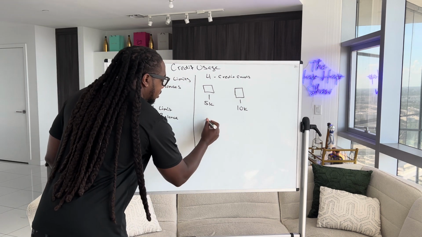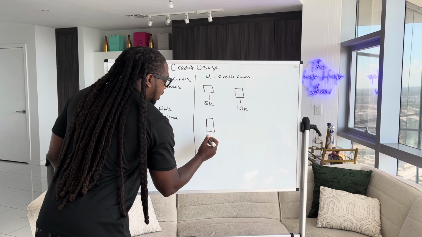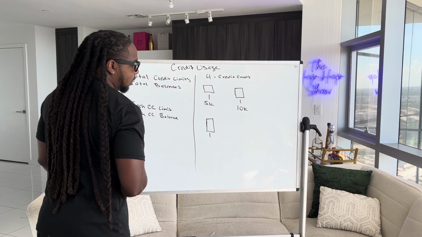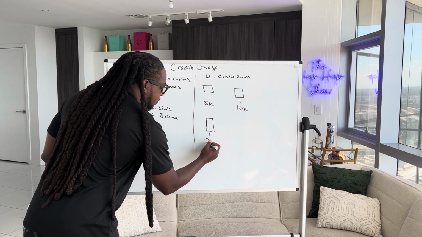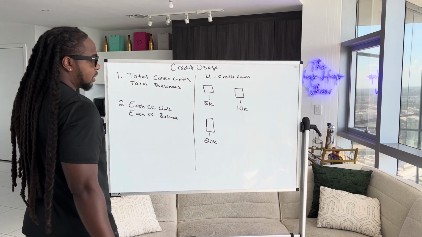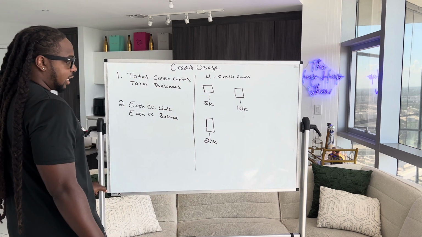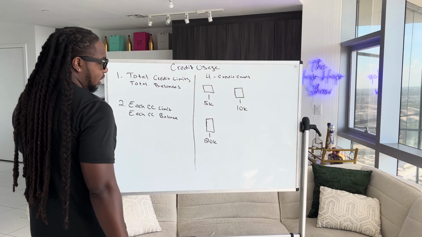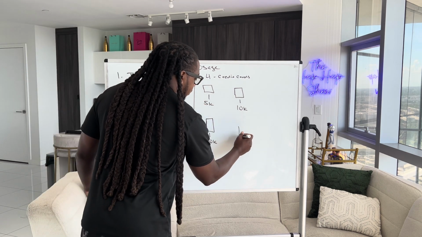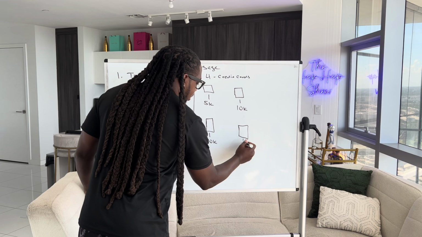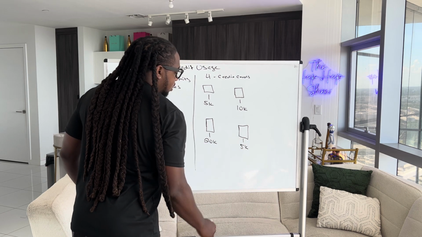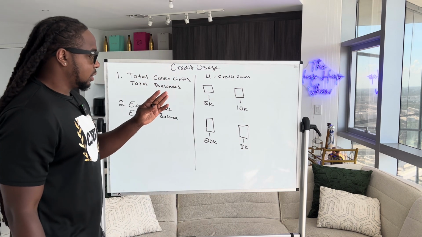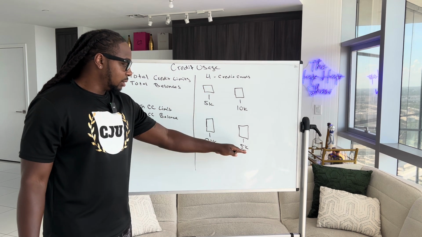Let's say the third credit card has a limit of $20K. And let's say you just had another one for $5K. Let's just keep it simple. So you got 4 credit cards, and these are the credit card limits on each card.